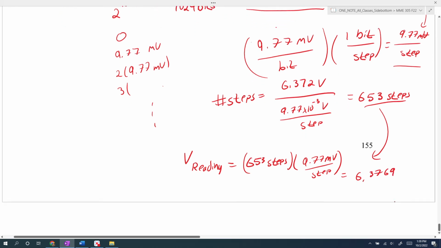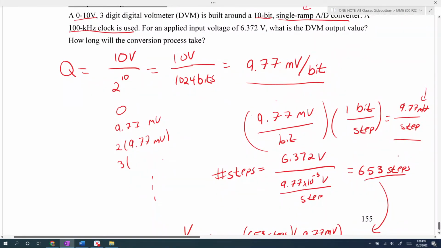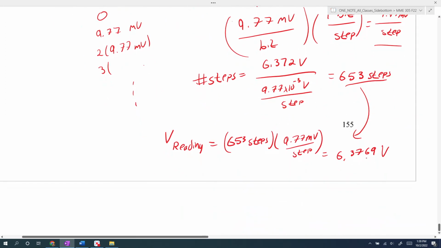The voltmeter we were using was a 3-digit voltmeter, so it can only display 3 digits. We round this to 6.38 volts, which is our voltage reading on the screen.